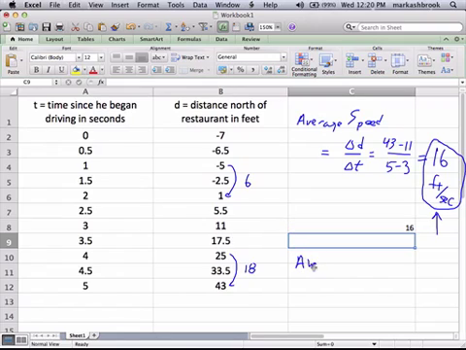Average speed is a constant speed, or is the constant speed. Which constant speed is it? Is it the constant speed that this car traveled in those 2 seconds?